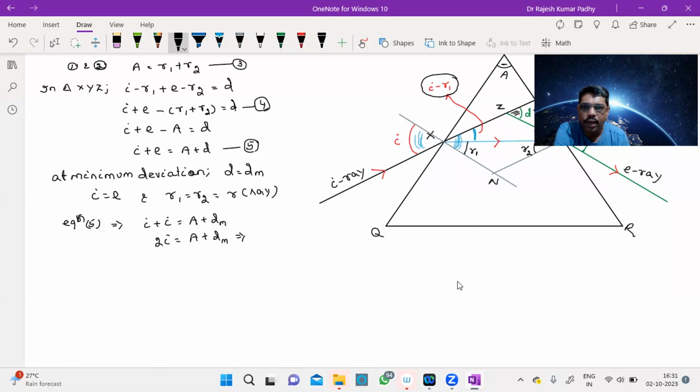Or this implies I is equal to (A plus Dm) divided by 2. This is one important relation, and it holds when the deviation is minimum. Similarly, R1 equals R2 equals R. Hence, from equation 3, R plus R equals A, or R is equal to A by 2.